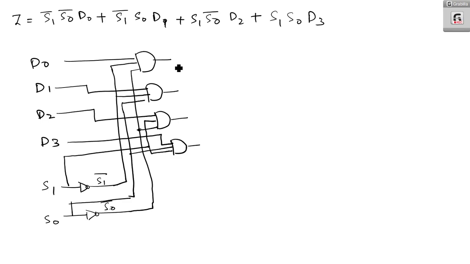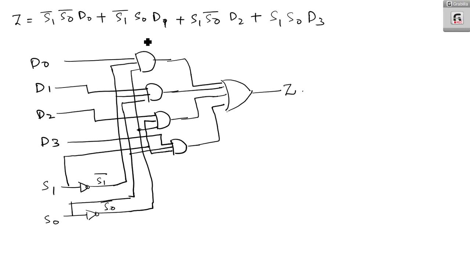Now if you are ORing these four combinations, you will get this: S1 bar S0 bar D0, or S1 bar S0 D1, or S1 S0 bar D2, or S1 S0 D3.